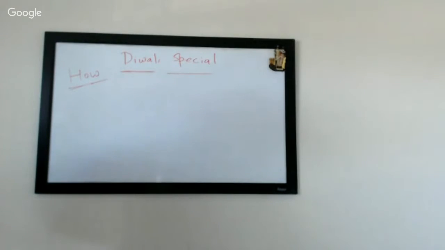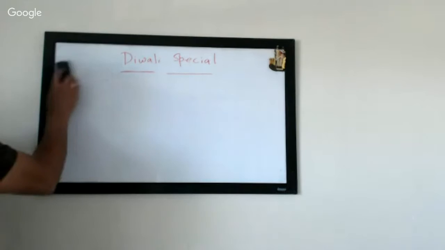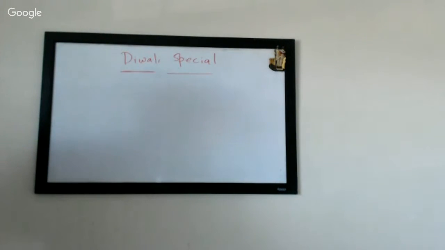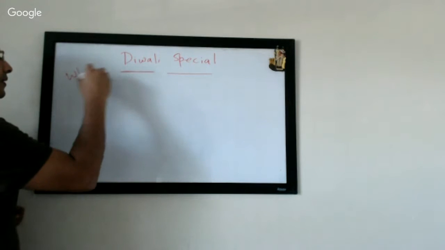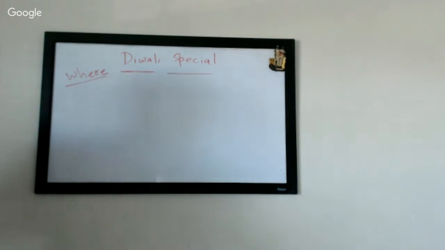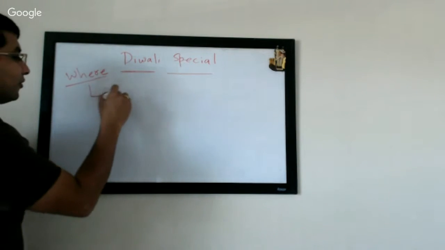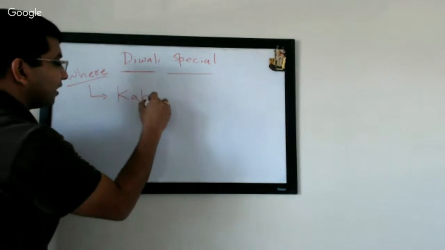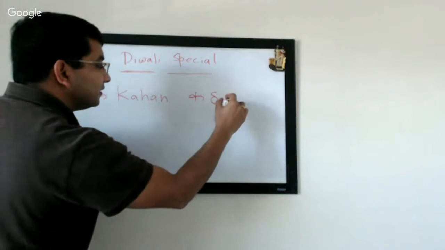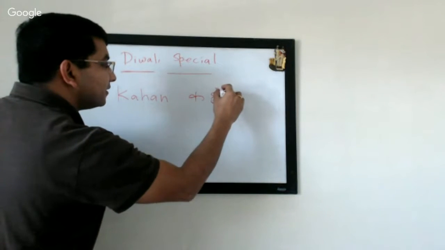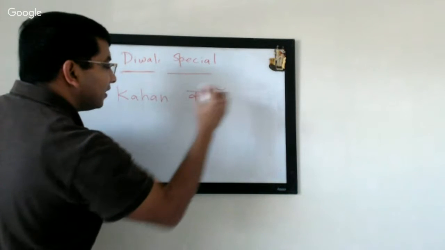Okay, now that we've gone through when and how, the next one I have is where. And where, as some of you already know, is kahan. Ka with her, ha, and then kahan, where.